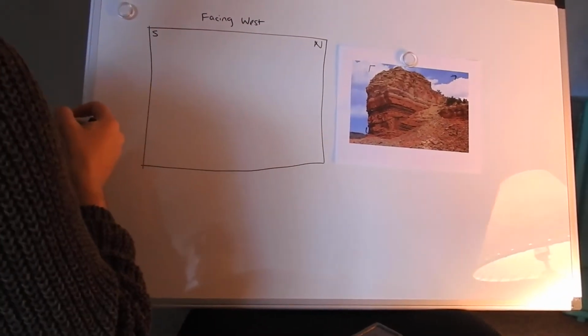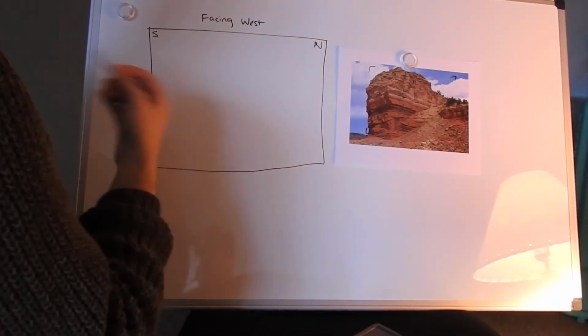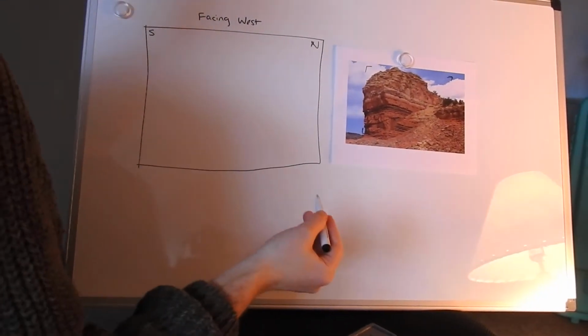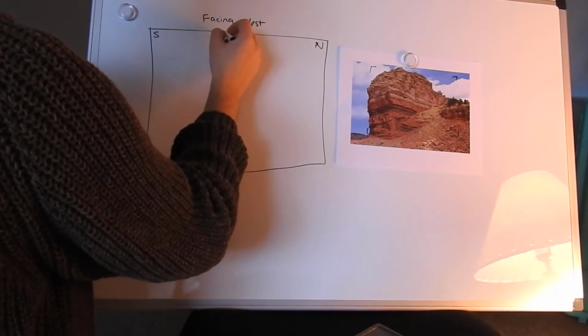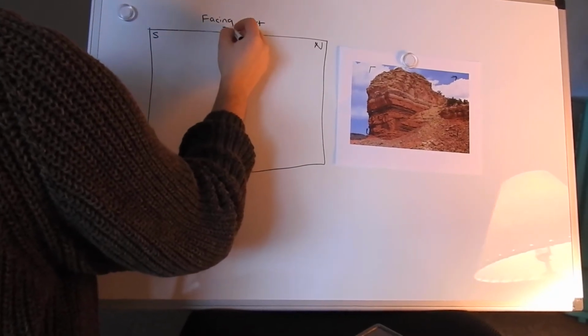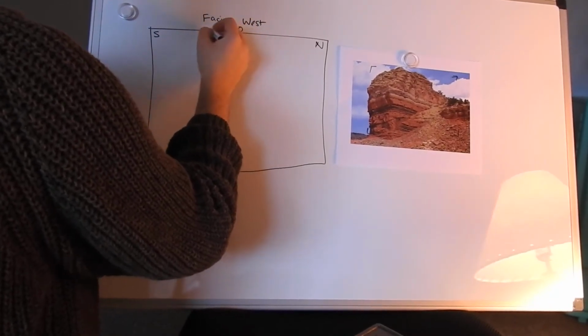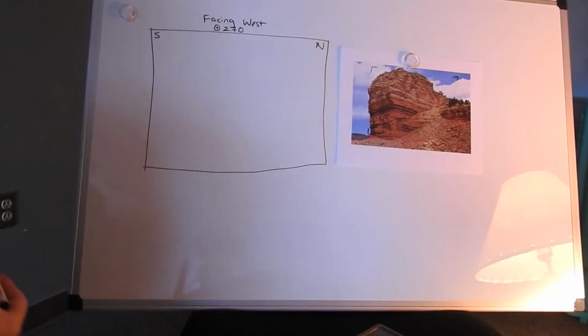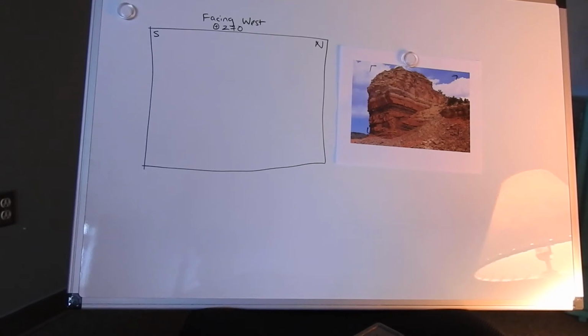So you could write those in. You could also read the direction, like count off your button, the azimuth, and write that in. So if we're facing west, let's say it's 270 is where we're looking. We could write that too. All right, it's up to you.